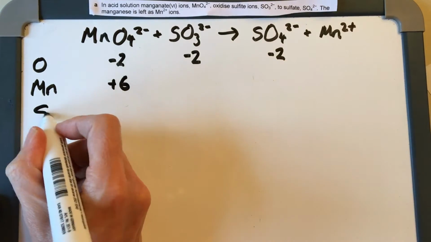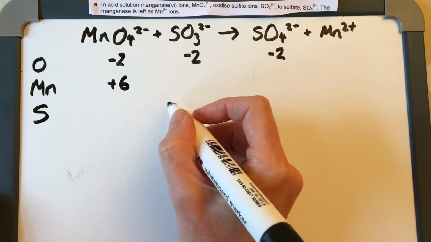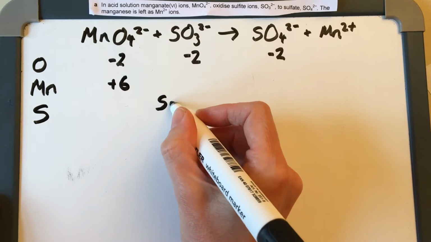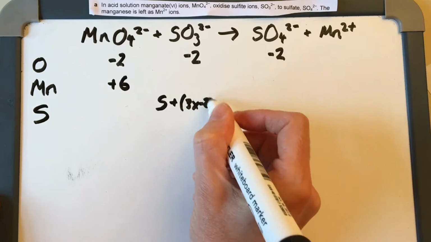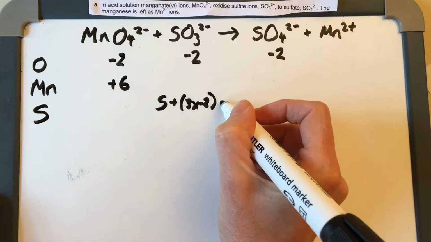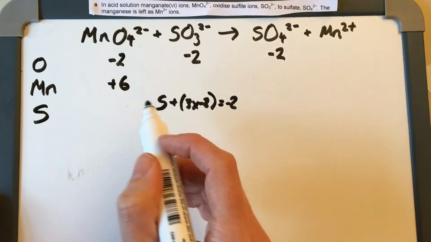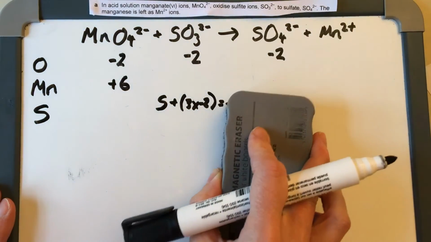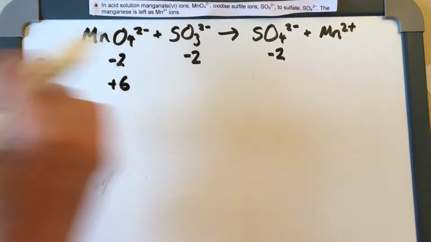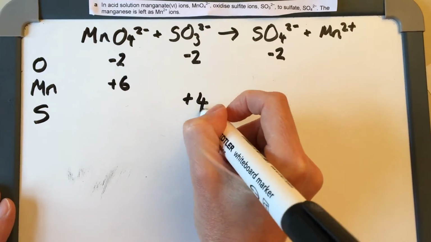The sulfur here, again similar procedure, sulfur and 3 times -2, and again the charge is -2 equals -2. So sulfur -6 is -2. So here the sulfur's oxidation state must be +4.